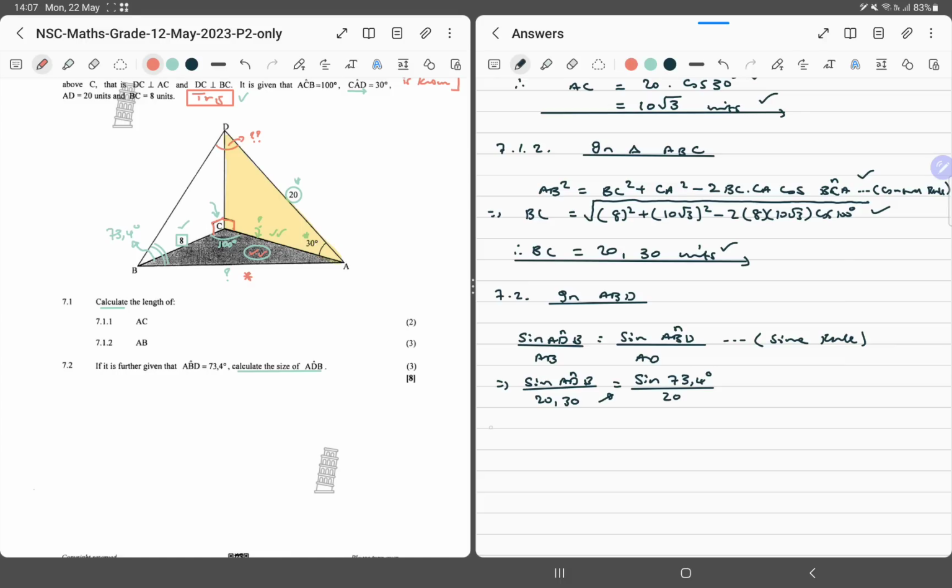So I can just quickly run to the answer now. I can say that ADB is going to be the arcsine of this expression right here: 20 into sine 73.4 degrees over 20.